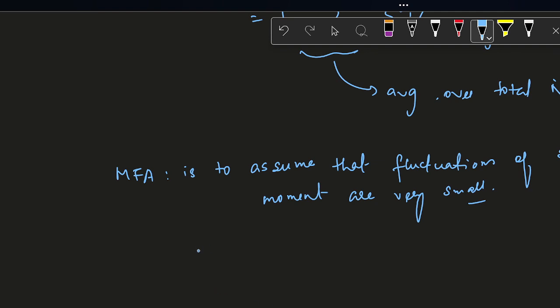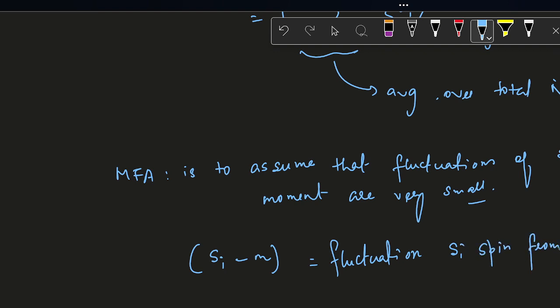It means that if your individual spin value is S_i, then the fluctuation of that spin value from the average magnetization is S_i minus m, the fluctuation of the S_i spin from the average spin value m.